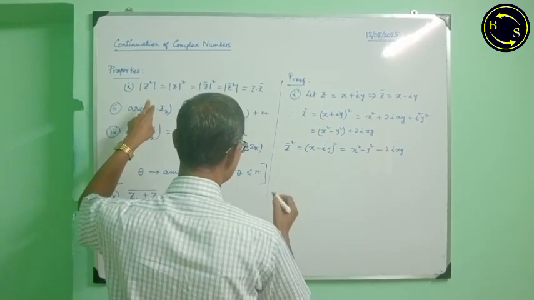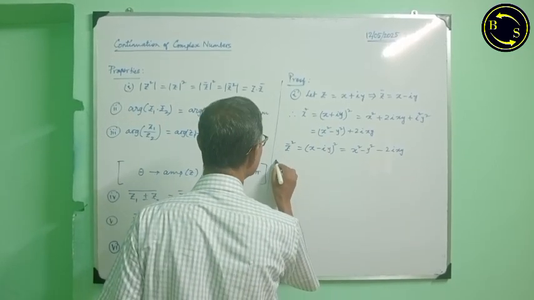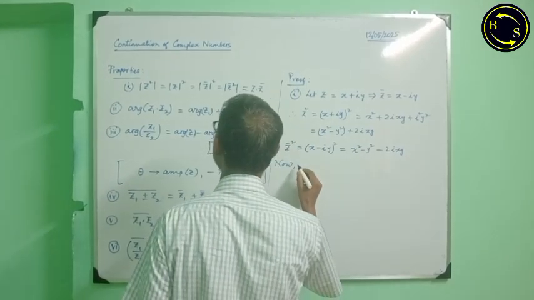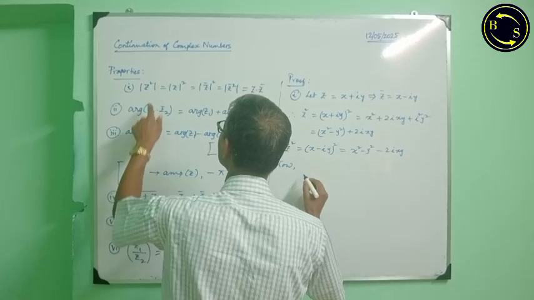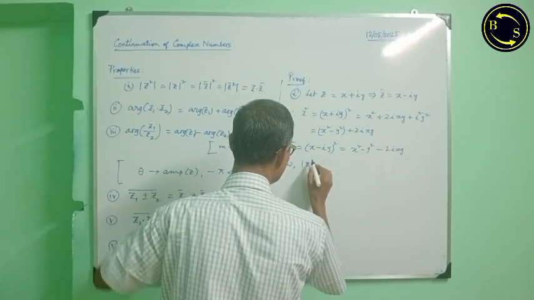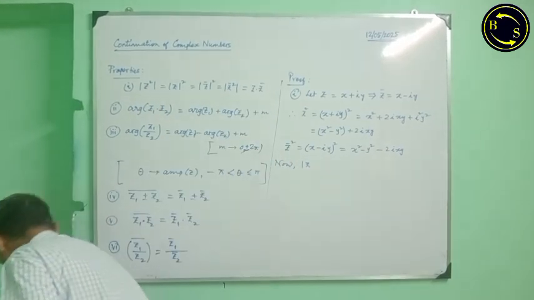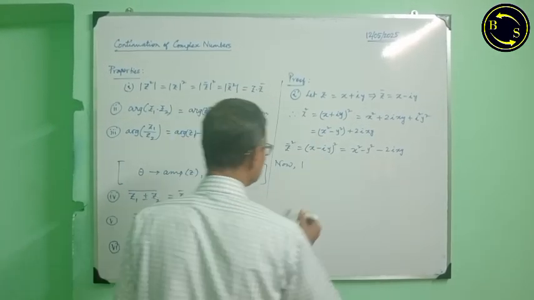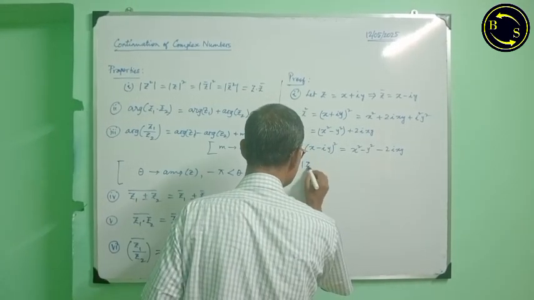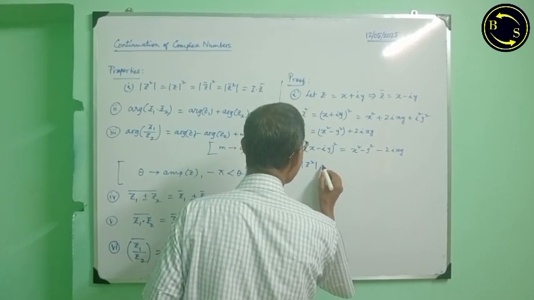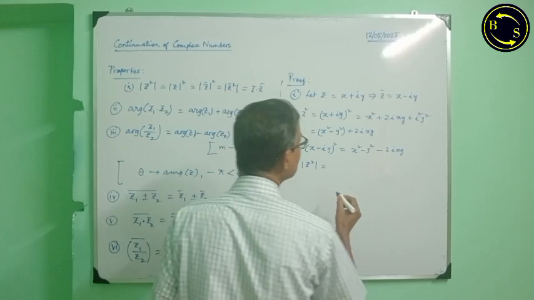Now we calculate, first of all, the modulus of z square.